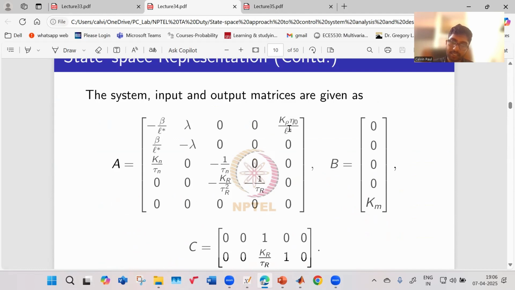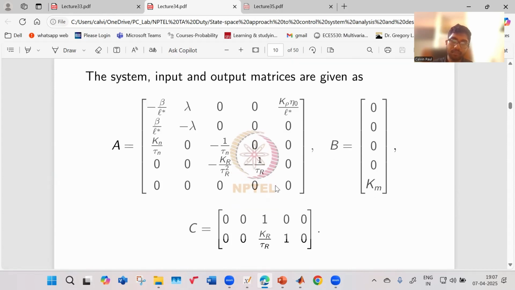The first state affects the second state. So the fifth state controls the first state, which controls the second state, and the first state also controls the third state. The third state has an impact on the fourth state. Thus we can say that the overall system is controllable.